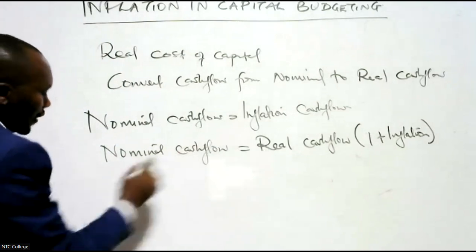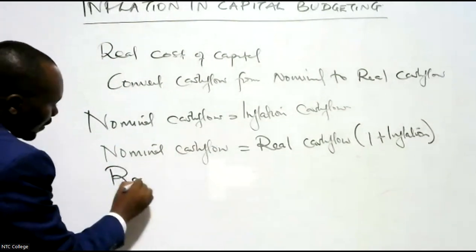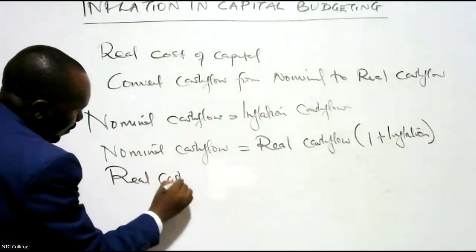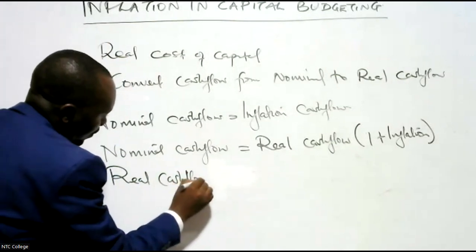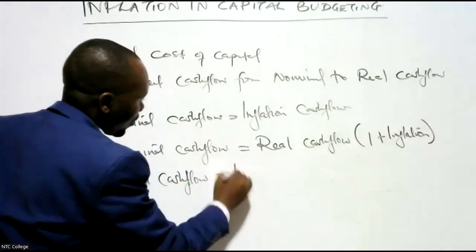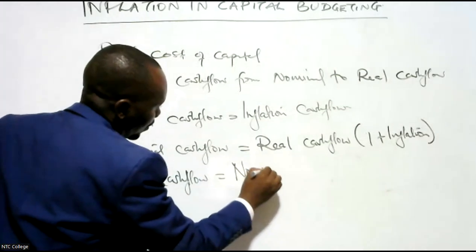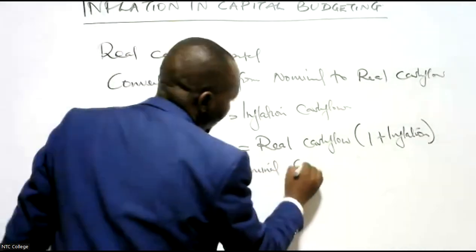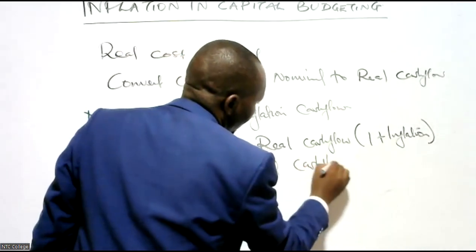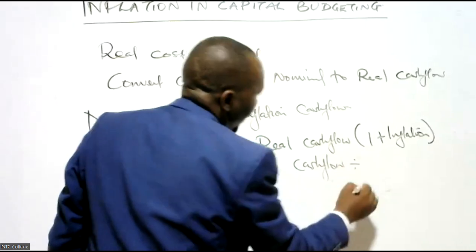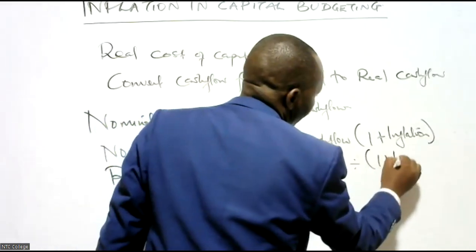Therefore, from this formula, we are now seeing that real cash flow is equal to nominal cash flow divided by 1 plus inflation.